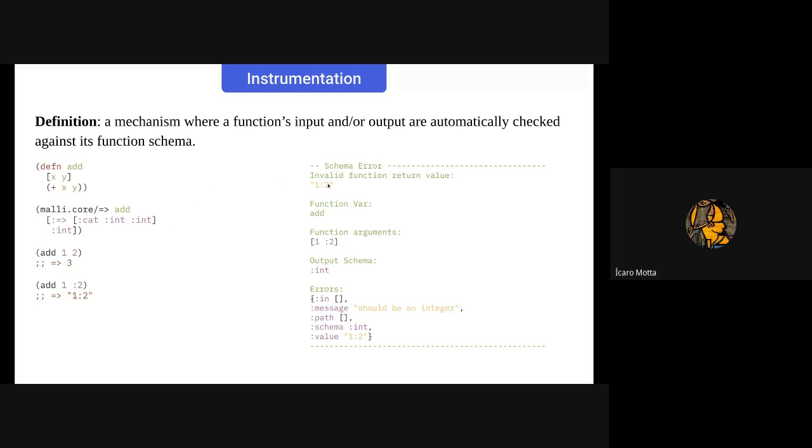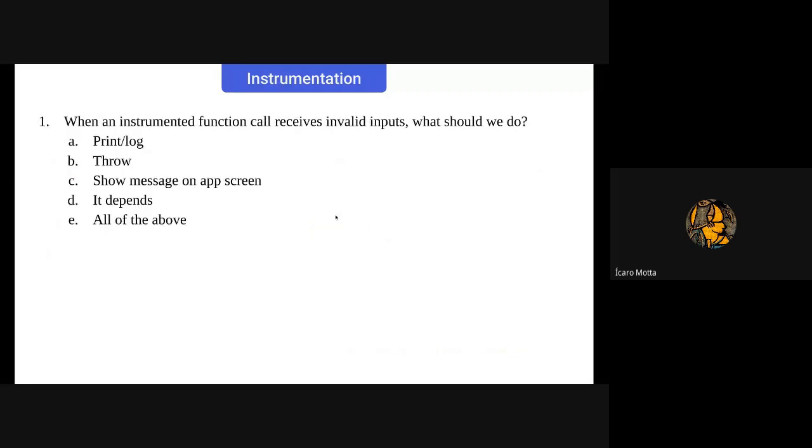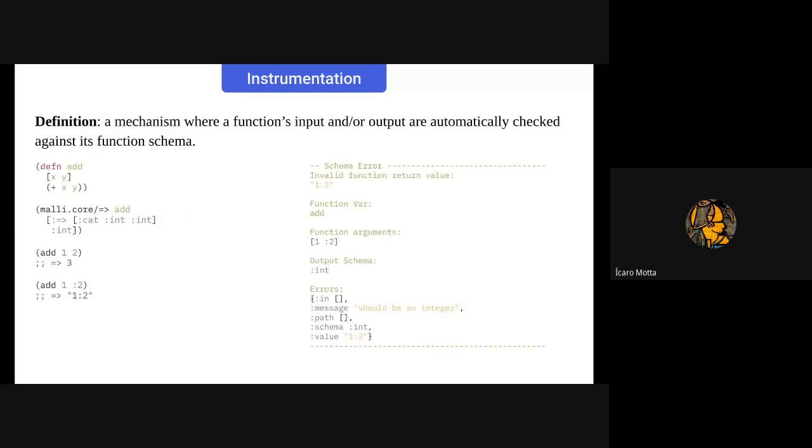And here, the error is a bit different. It identified the var function, and it tells you add received these arguments, but the output should be an integer, and it was a string. This example is maybe confusing because it's telling us that the output should be an integer, but didn't it also validate the argument, the input?